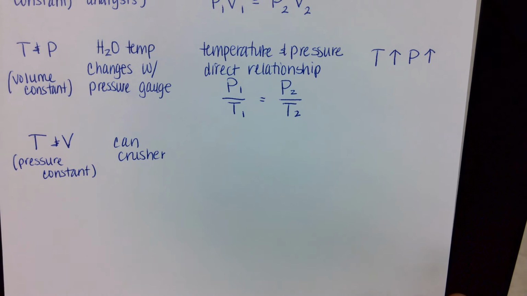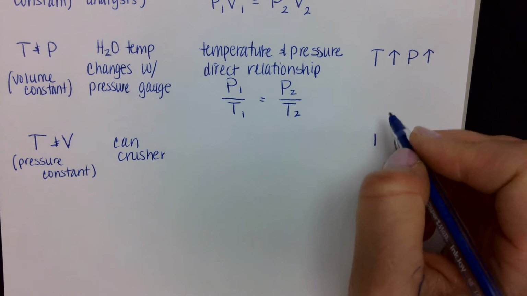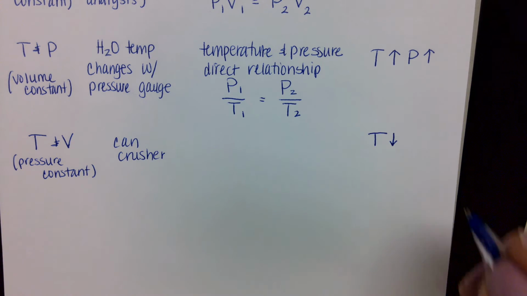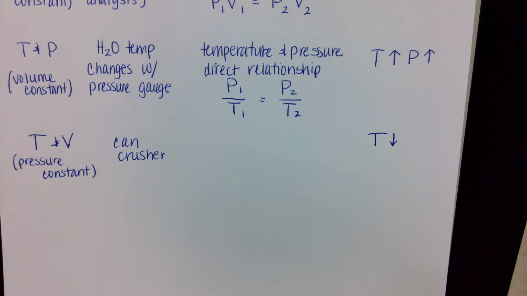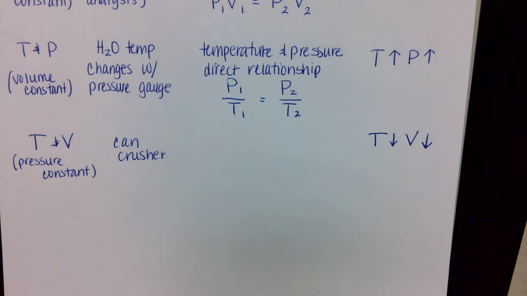What had happened is that we took the pop can, we put it on a hot plate, we increased the temperature, and then we quickly inverted it and decreased the temperature. As we decreased the temperature, the pop can imploded. So the volume decreased, it imploded on itself.